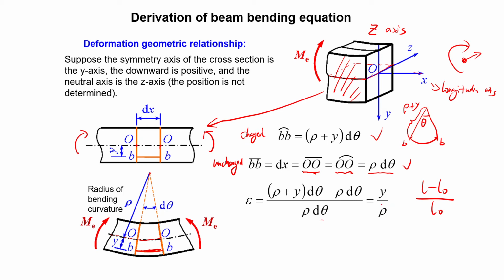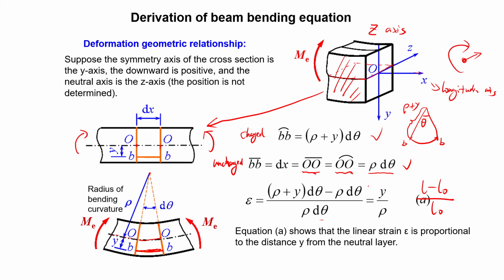Once you do the arrangement, you will see epsilon is equal to y over rho, where rho is the bending radius. This is equation A. This equation shows that the linear strain epsilon is proportional to the distance y from the neutral layer, the neutral plane. If y increases, epsilon will increase. If y is 0, epsilon will be 0.